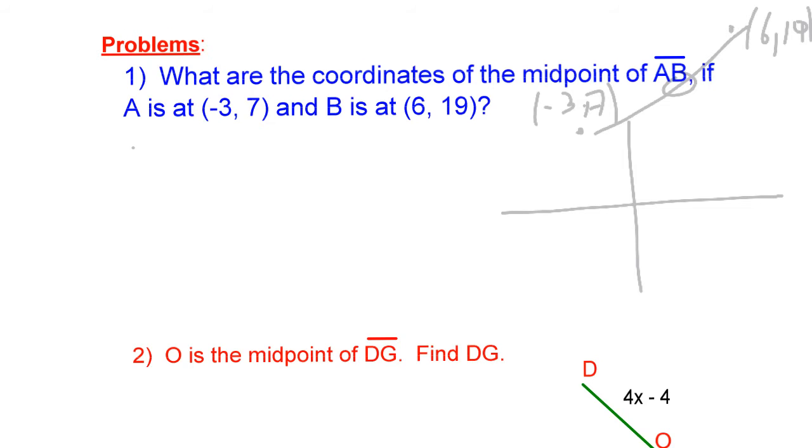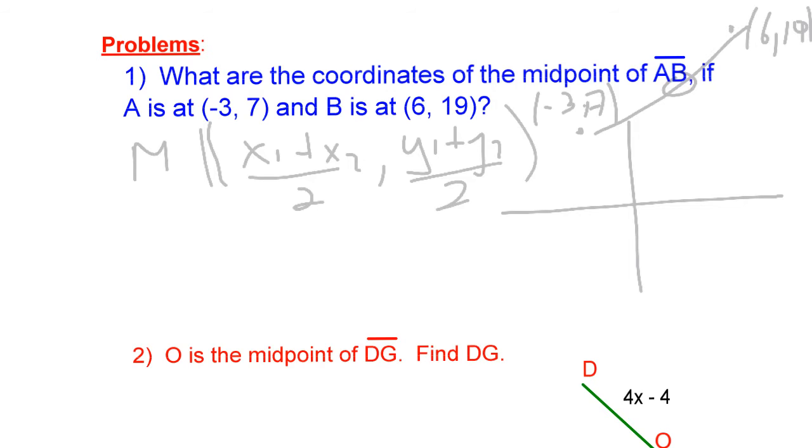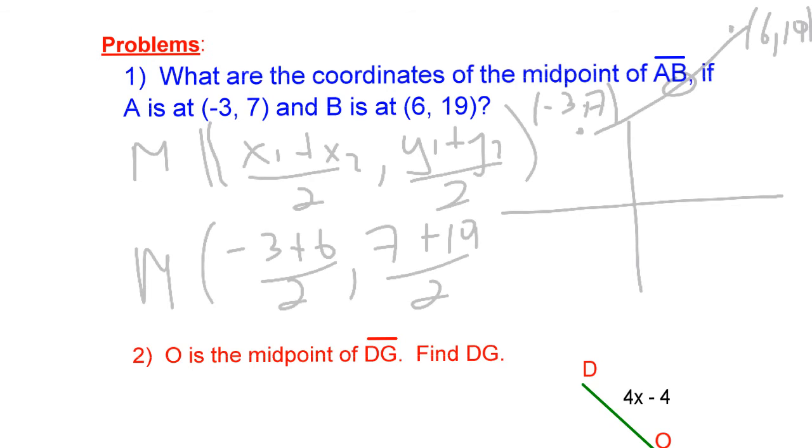Okay, so midpoint by definition is x sub 1 plus x sub 2 divided by 2, comma y sub 1 plus y sub 2 divided by 2. So let's substitute. Negative 3 plus 6 divided by 2, comma 7 plus 19 divided by 2.